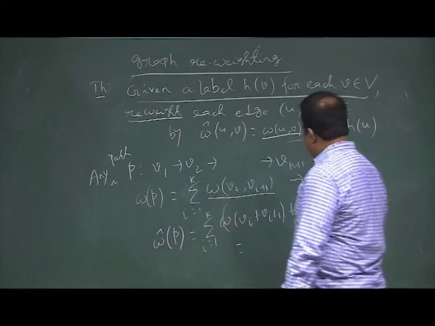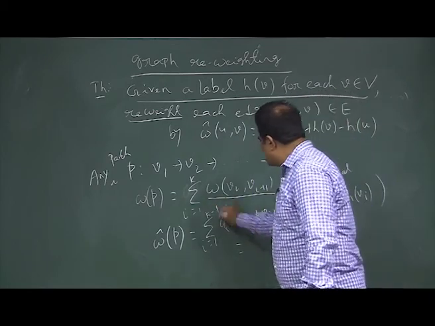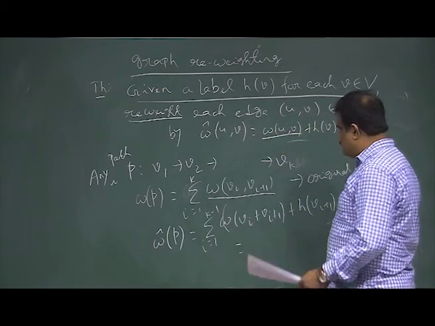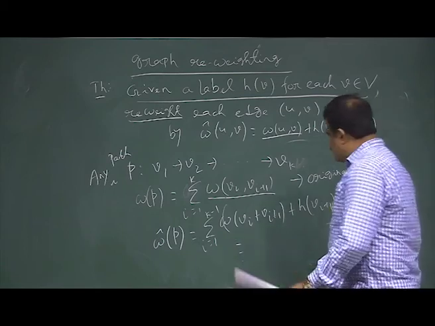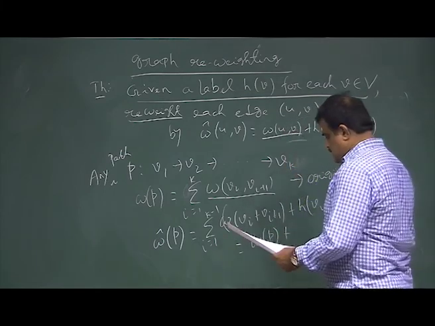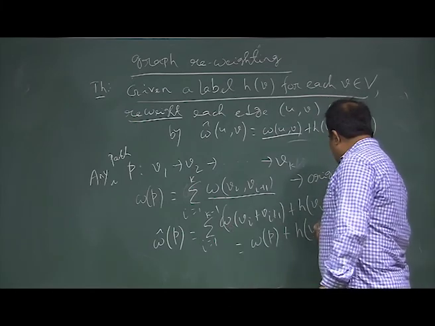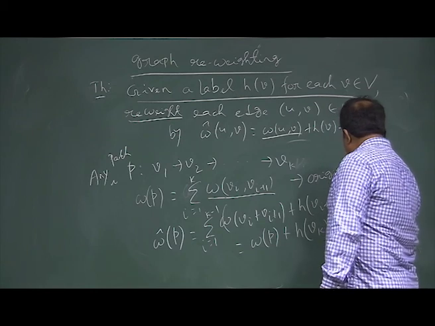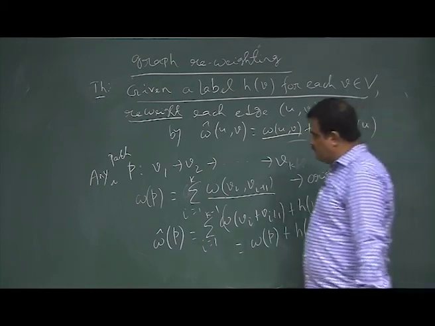If we put this k, then we have to take it as k minus 1. Anyway, this is just a notation. So if we just take this, this will be w of p plus h of v_k minus h of v_1.